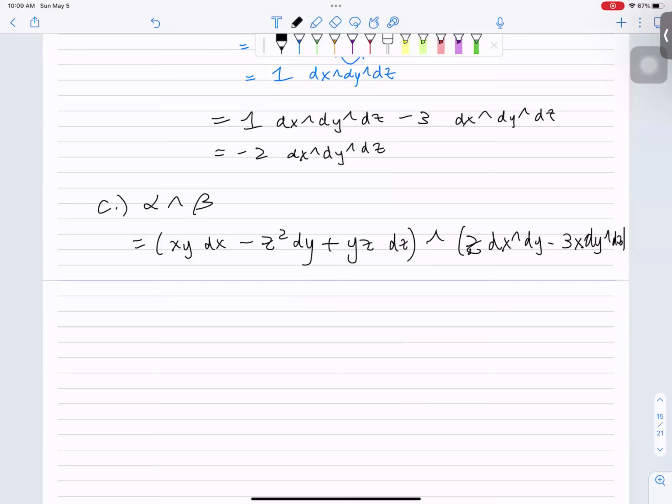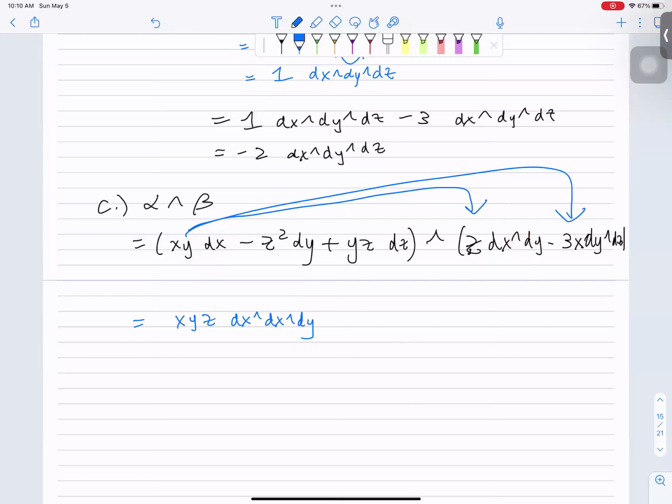This is kind of like how you FOIL polynomials. Think of this as your polynomial and this as your other polynomial, and you're multiplying them. You FOIL every single thing. So I'm going to multiply these x, y, z, and the wedges stay in order. So this is dx, wedge the other stuff. Dx, wedge dy. And I have this term times this, which gives me negative 3x squared y dx wedge dy wedge dz.